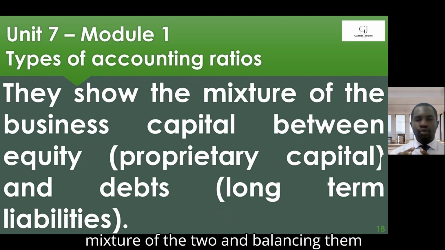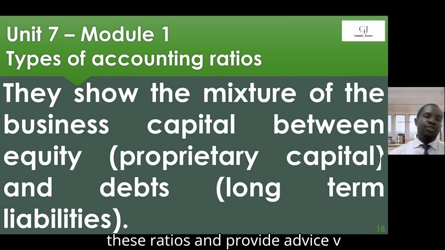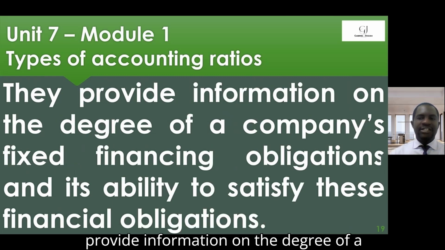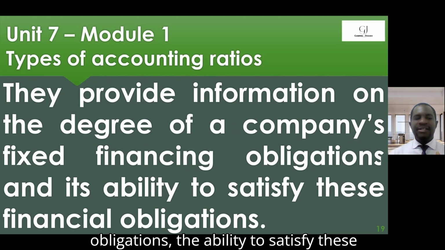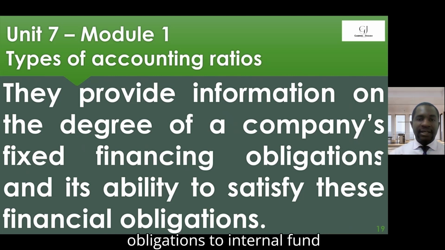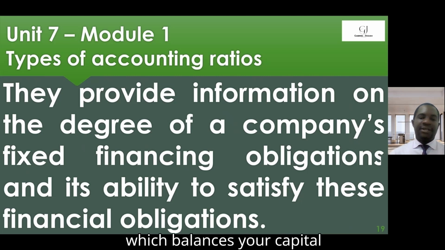So the mixture of the two and balancing them is essential to be able to calculate these ratios and provide advice very constructively. They also provide information on the degree of a company's fixed financial obligations, the ability to satisfy these financial obligations. So you have obligations to internal fund generators and external fund generators, which balances your capital structure.